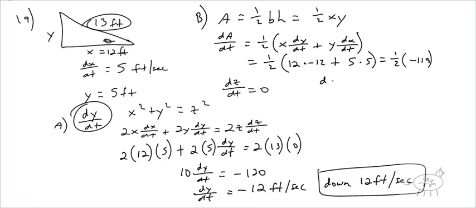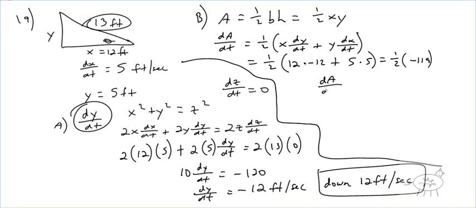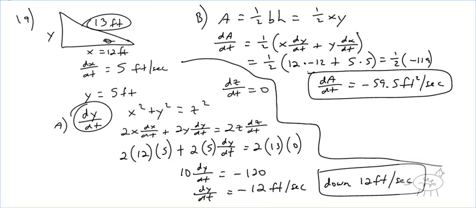We're getting kind of messy here a little bit, but dA/dt is equal to -59.5 square feet per second. Okay, not too bad.